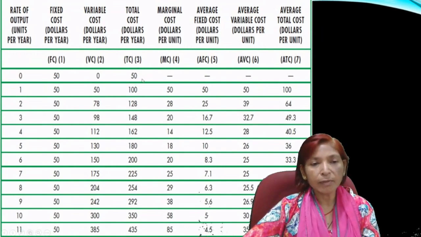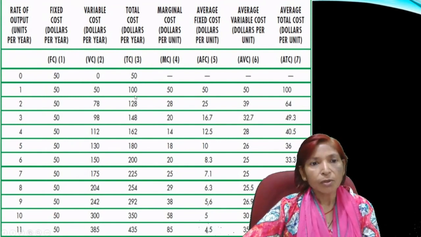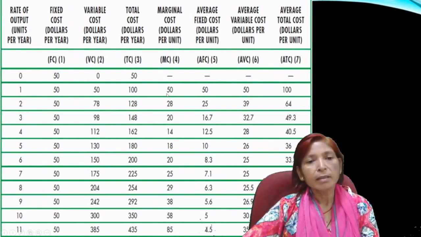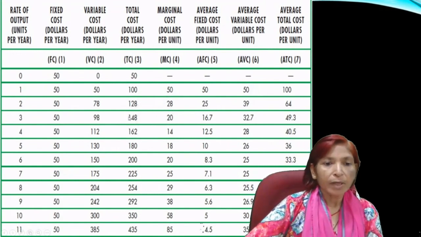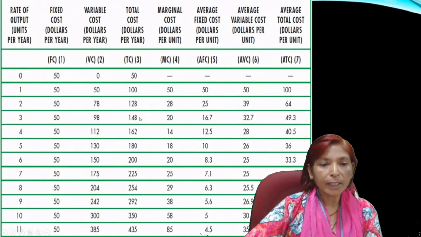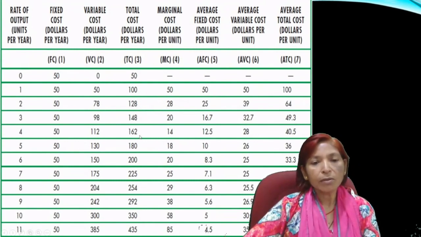What is the difference between these? 50. And 0 to 1 is 1. So 100, here the marginal cost is 50, then 28, then 20. The difference between 148 and 128 is 20, and 128 minus 100 is 28. And 162 and 148, the difference is 14. 180 minus 162 is 18. 200 minus 180 is 20.